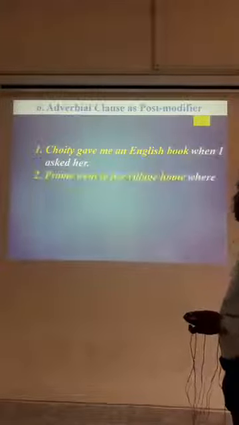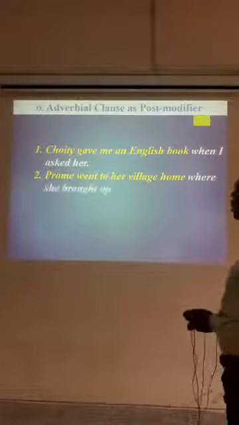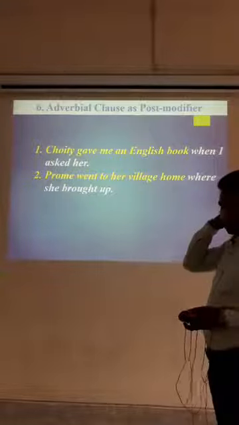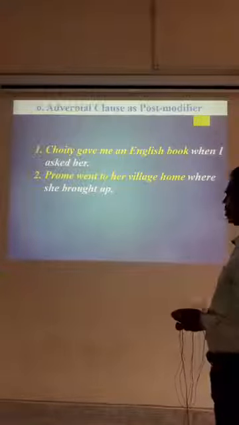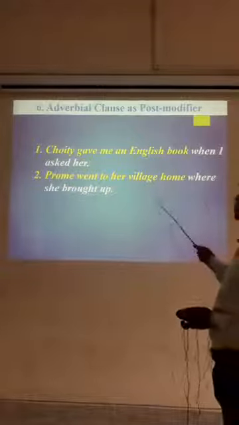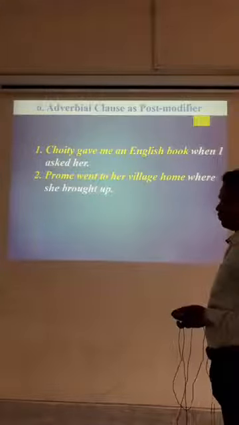Number 2, Promi went to her village home where she was brought up. That means "where she was brought up" is an adverbial clause, and this clause is used there as post modifier, sitting after her village home.